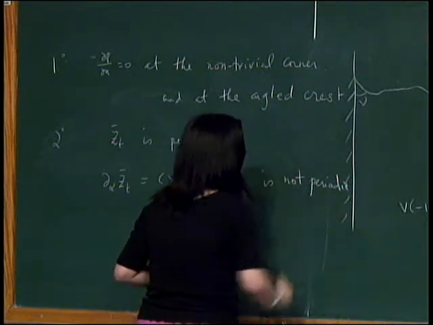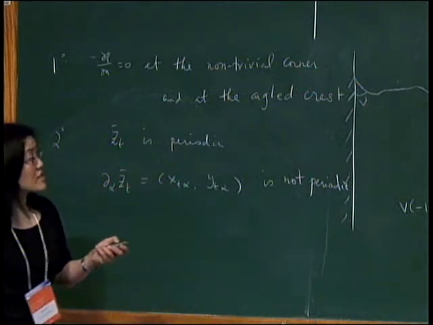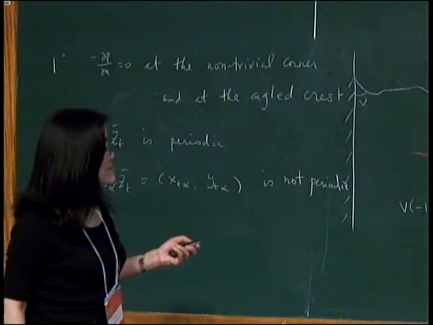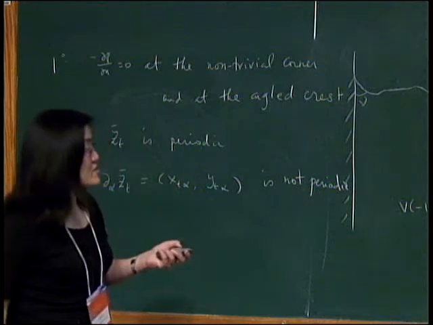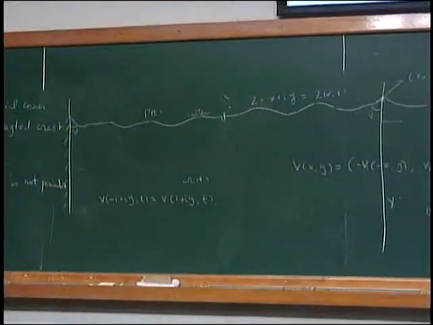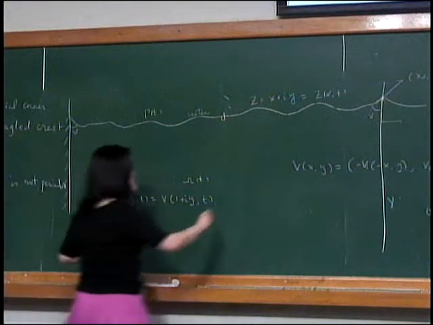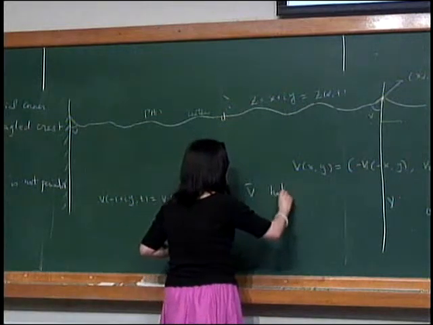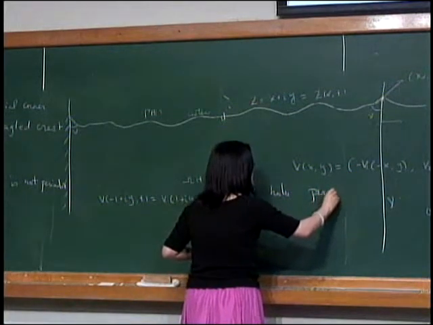But actually, this difficulty really points us to the right kind of quantity we should deal with. This one is not periodic, but something else is. So instead of taking the derivative d alpha, we know that V bar is holomorphic and periodic.